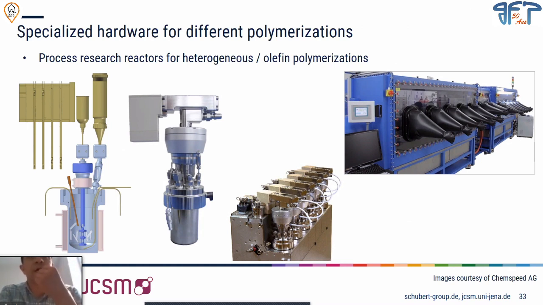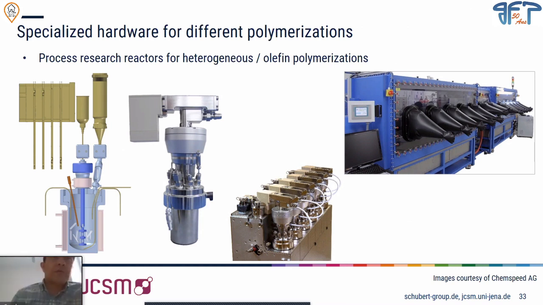Of course, RAFT has some variations, you can do it via emulsion or other methods. But the platform I showed you is very suitable for low viscosity or solution chemistry, very handy, very efficient, very nice. But once you start to investigate different polymerization methods, you definitely need more specialized equipment, like I show you in these pictures.